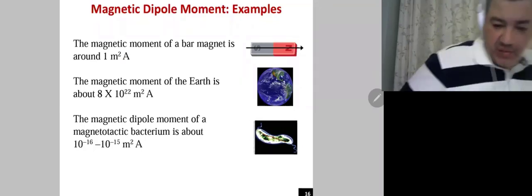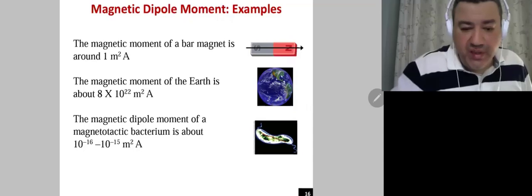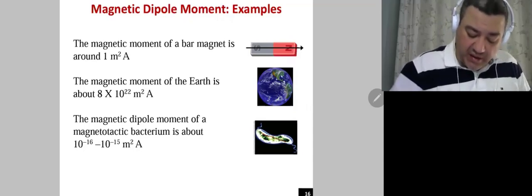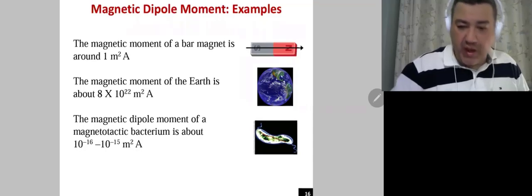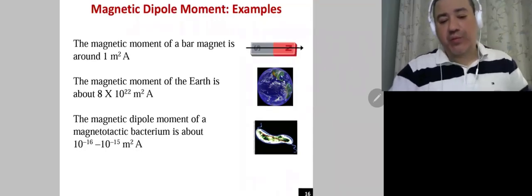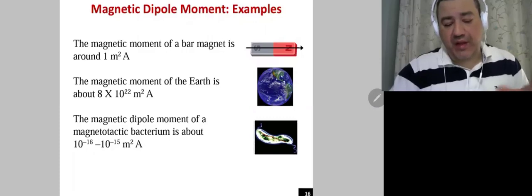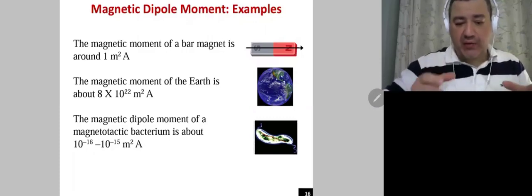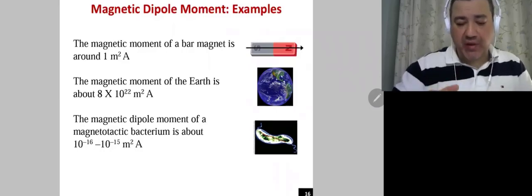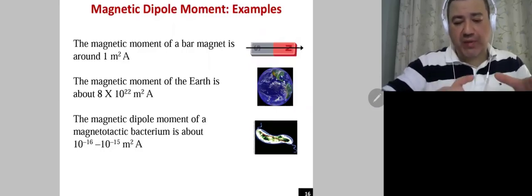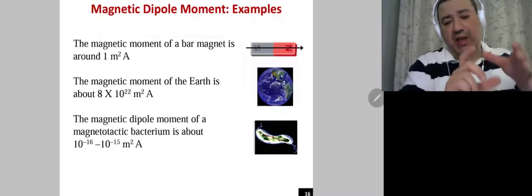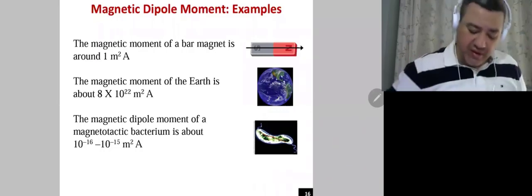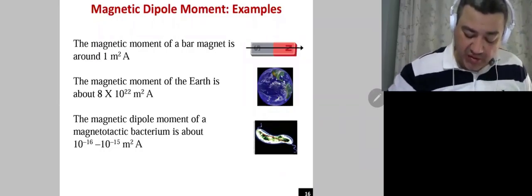Yes, as we'll see later on, it's always aligned with the magnetic field. Whenever you have a loop and an external magnetic field, that loop that is generating a magnetic field will always have its magnetic dipole moment aligning with the magnetic field, as we will see later on.